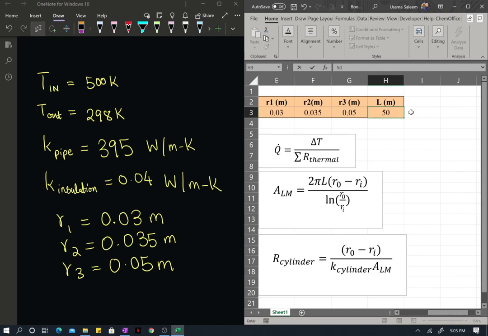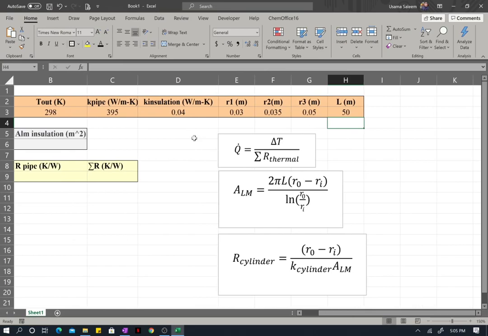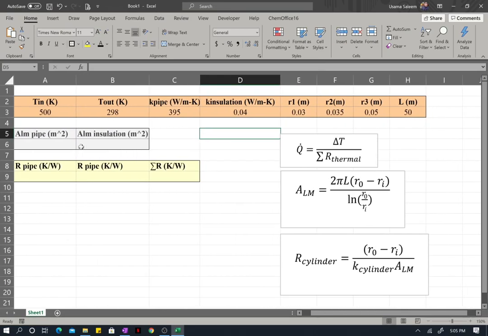Again, we have the Excel sheet, so you can play around and use whatever values describe your system.